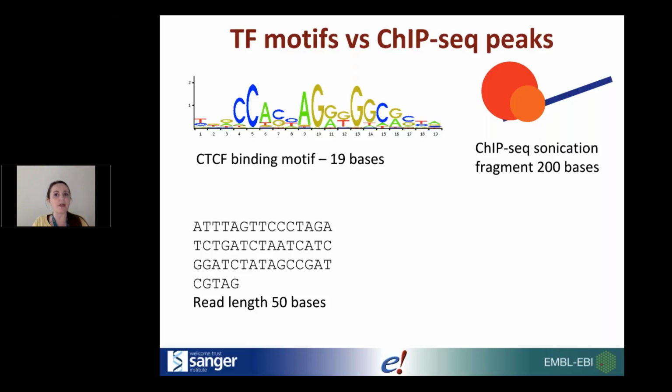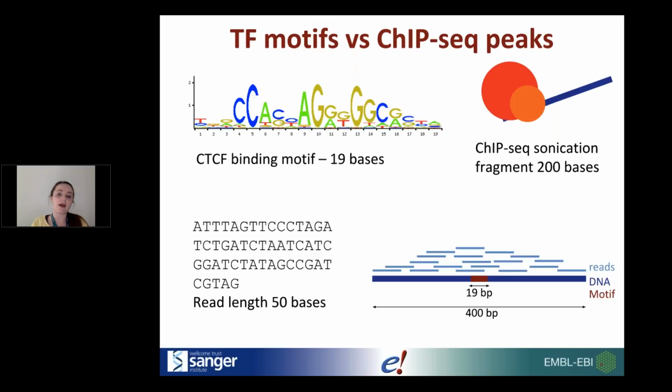The read length, when you're doing the sequencing, a good read length is considered to be about 50 bases. So what you actually could end up with, if you consider your little 19 base motif, is sort of 50 base long reads scattered all over a region 400 bases wide, so going 200 bases either side of your actual binding site, which means that the peak you would call through ChIP-seq is often much larger than the binding motif, and can, through chance alone, be slightly off-center as well from where the binding motif is.